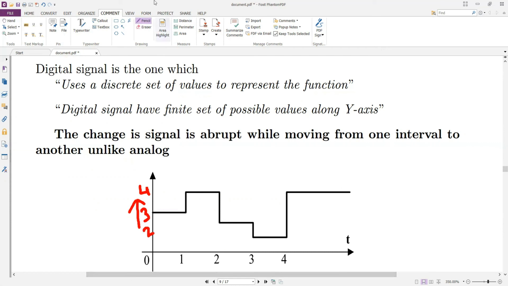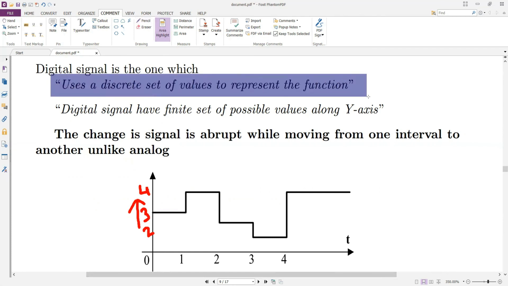Hence the definition: a digital signal is that type of signal which uses a discrete set of values to represent the function. What are discrete set of values? Discrete set of values are those values which are not continuous in nature, or which are non-fractional values, or which are pure integer values.